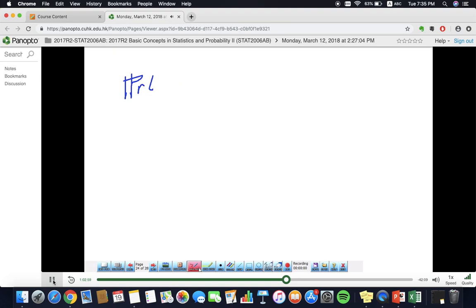You can just, based on first principles, find out the CDF first. We have the probability that yi is less than or equal to y. It's just the same as the probability that minus 1 over log xi is less than or equal to y.